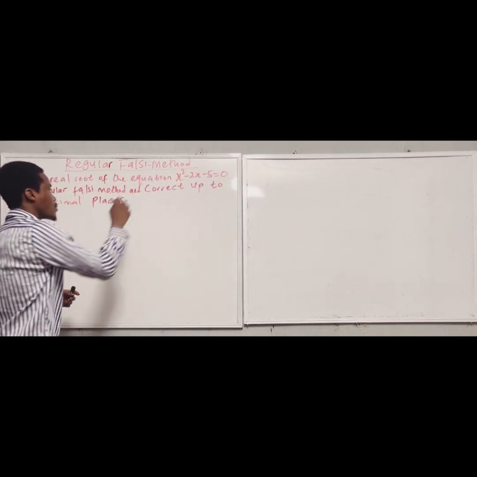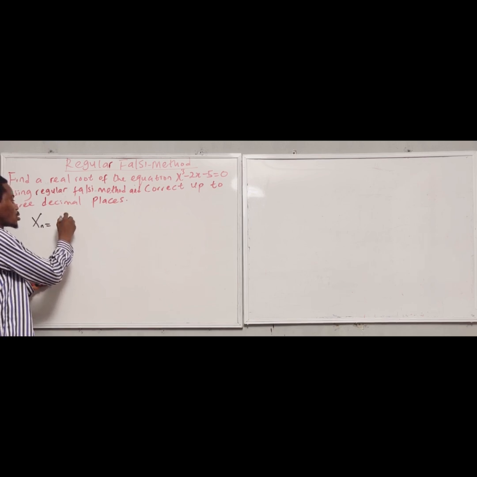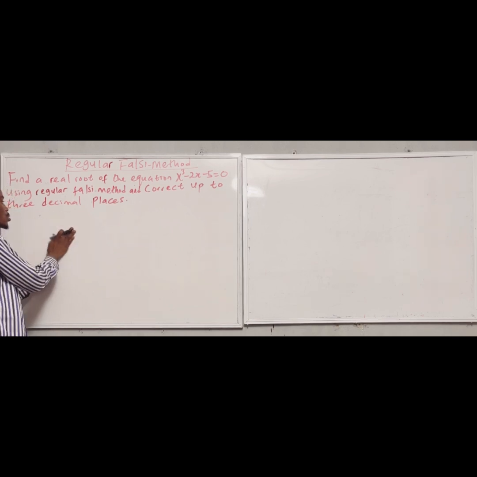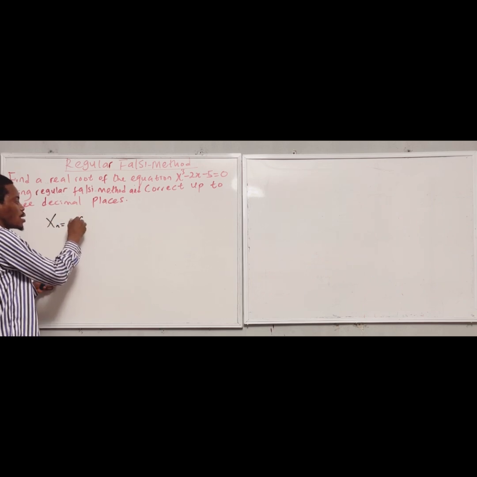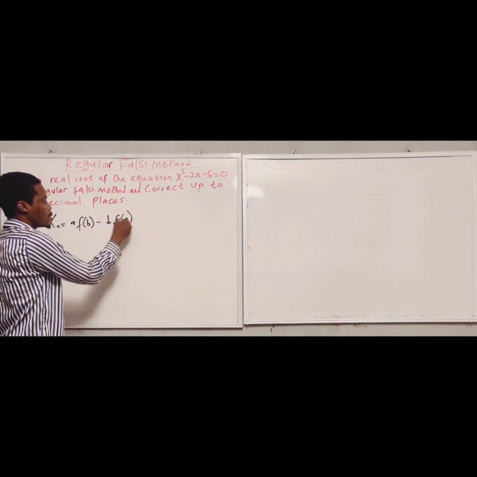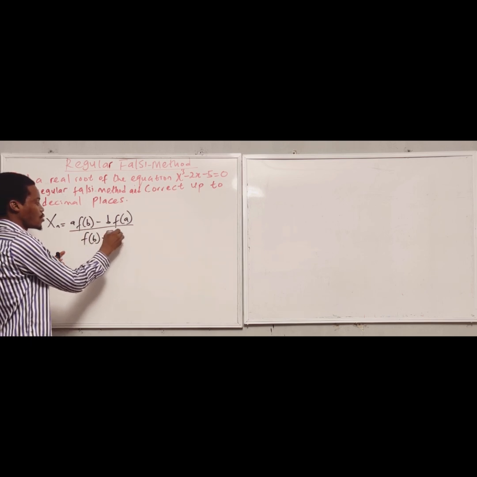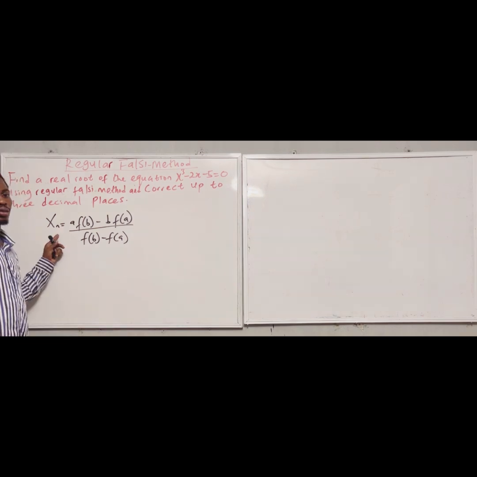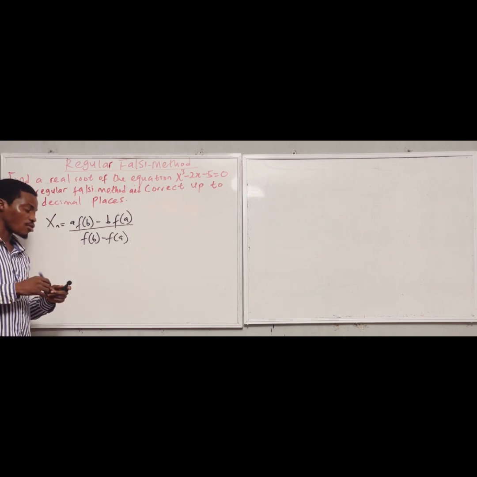So for us to solve this, we have Sn is equal to a f of b minus b f of a, all over f of b minus f of a. Sn is equal to a f of b minus b f of a over f of b minus f of a.